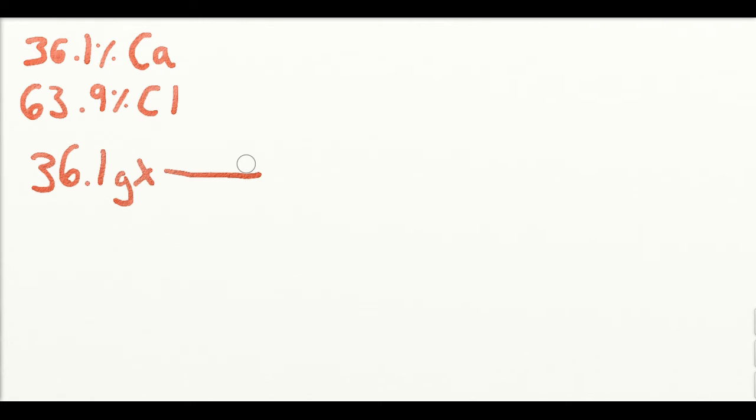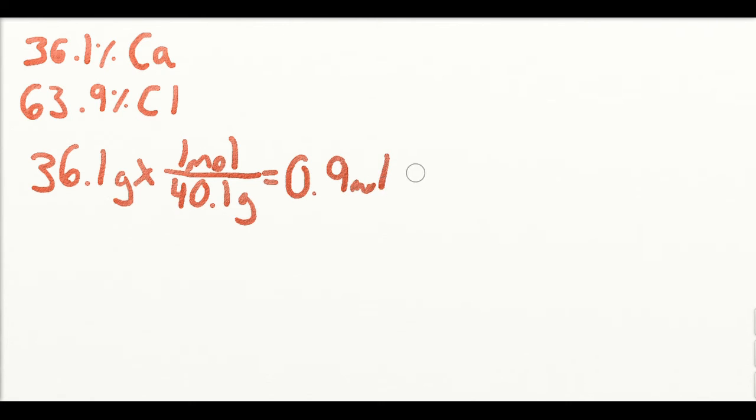Now remember, we do not know how many calcium atoms we have, so in the periodic table, the molecular weight of calcium is going to be 40.1 grams over 1 mole. Now, when we do the math, it is going to be 36.1 times 1 divided by 40.1, equaling 0.9 moles of calcium.